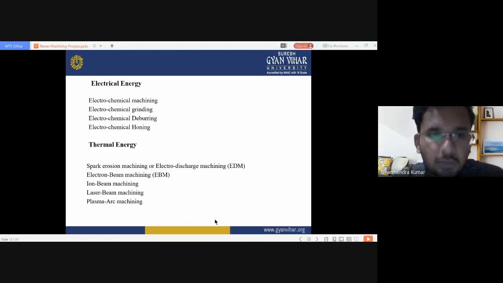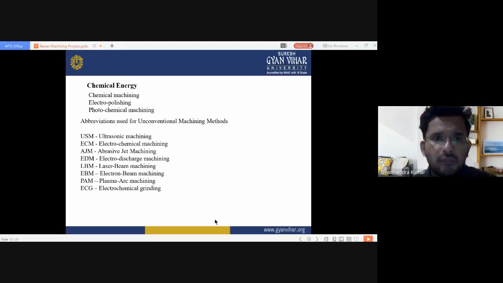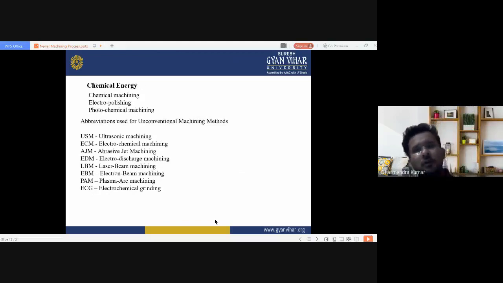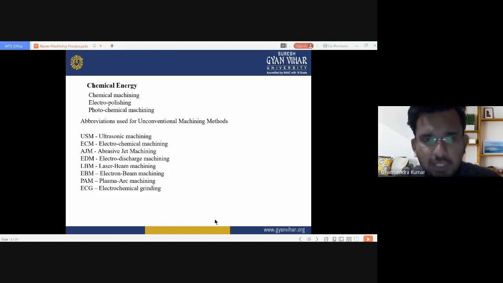On the basis of thermal energy, we can classify non-traditional machining into a fifth group: spark erosion machining or electro discharge machining, known as EDM, electron beam machining EBM, ion beam machining IBM, laser beam machining LBM, and plasma arc machining PAM. On the basis of chemical energy, it is further divided into three subgroups: chemical machining, electropolishing, and photochemical machining.